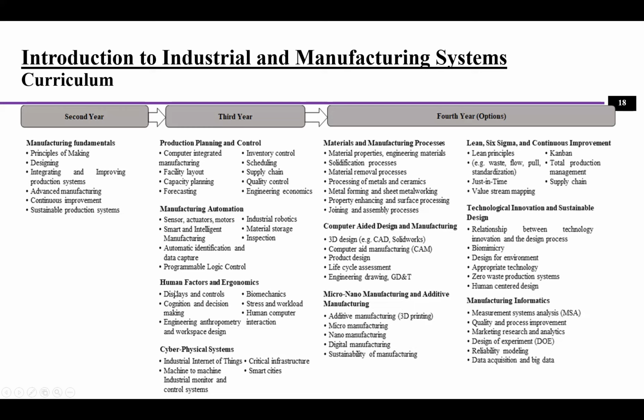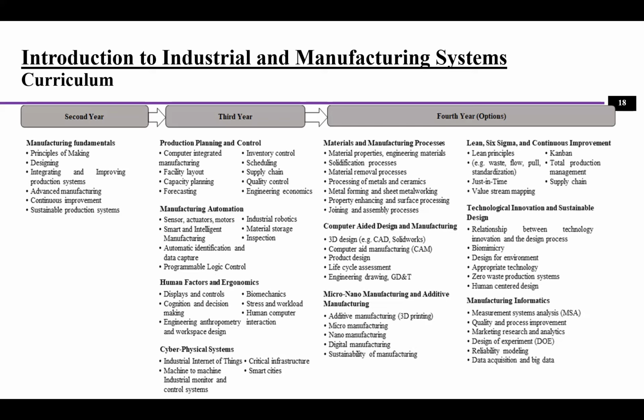Another component will be human factors and ergonomics. This means that in our manufacturing system, you also need to consider the health part, and also how to make the interface. For example, if you're designing a workspace or workstation, make sure the workstation you design is ergonomic, right?